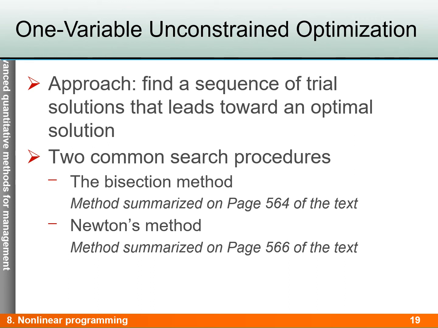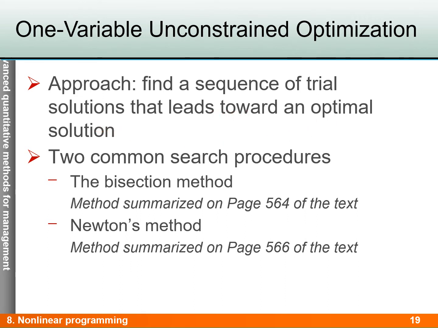For one variable unconstrained optimization, in this part we review two methods, the bisection method and Newton's method. The approach is to find a sequence of trial solutions that leads toward an optimal solution.